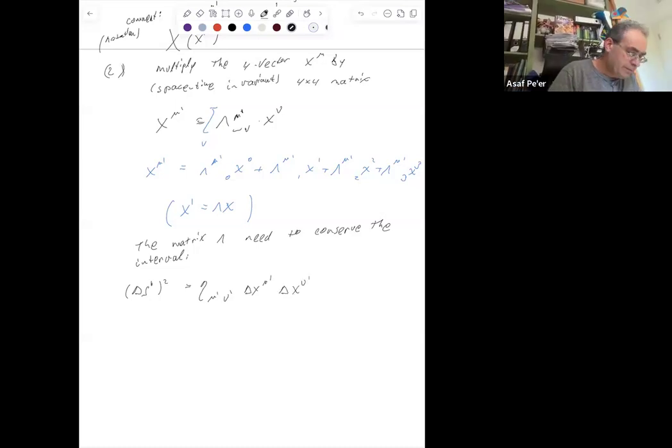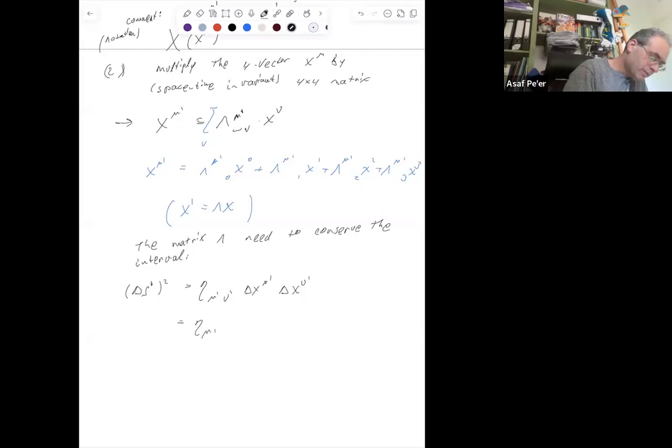Now delta x mu prime, I can write down as the transform of the unprimed coordinate. So this is eta mu prime nu prime, and delta x mu prime is lambda mu prime mu delta x mu. Oh, sorry. You know what? I should not do that. I don't want it to be confusing. My mistake.